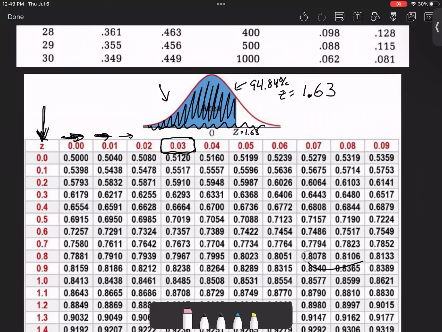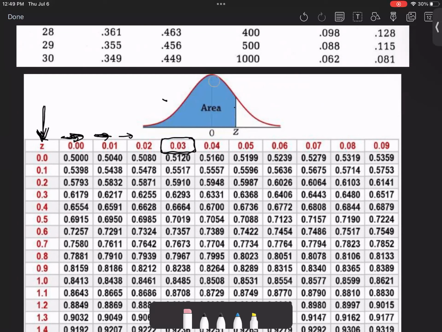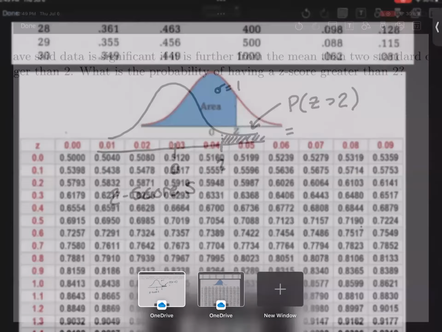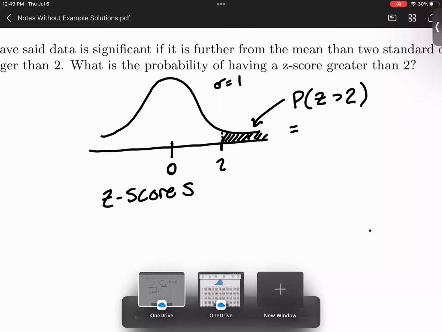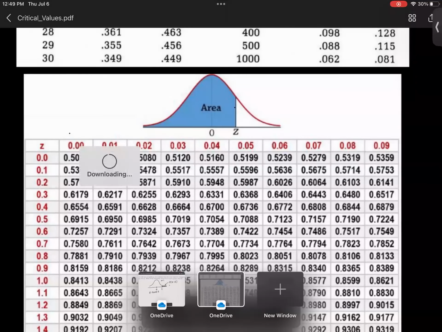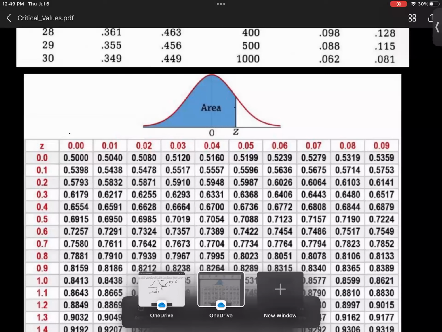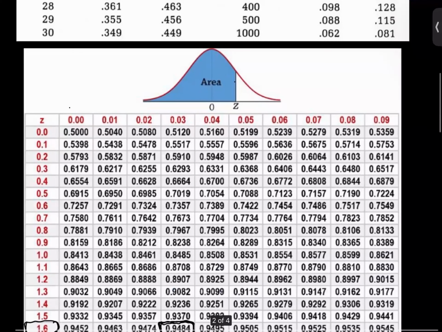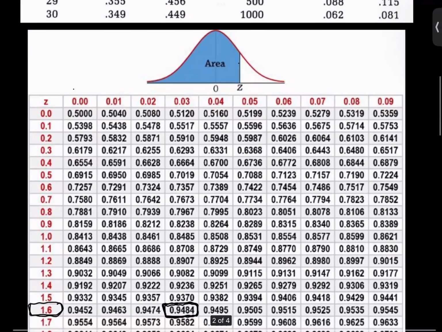Okay, so now that we know how to read this table, let's go back to the original problem that we were working on. We were initially charged with finding the area to the right of 2. So again, this table is not areas to the right of points. This is areas to the left of points. But we can use what we know from probability distributions to solve. So we're interested in the z-score of 2.